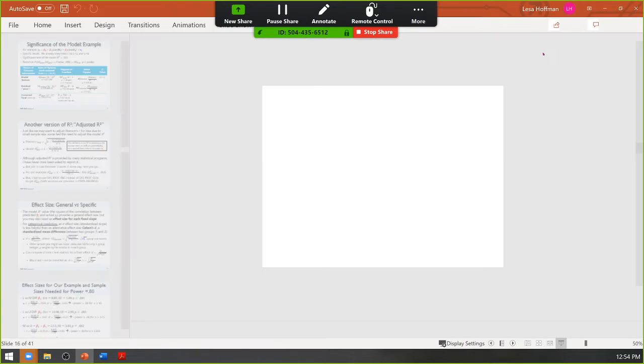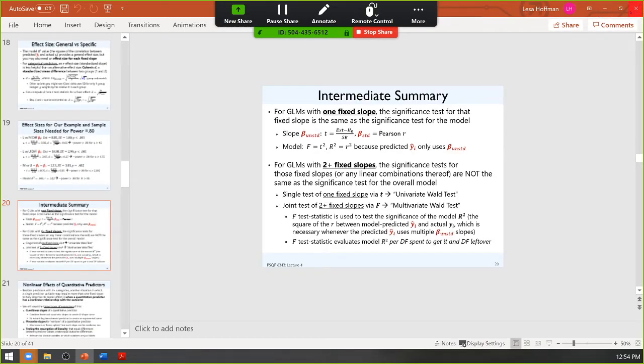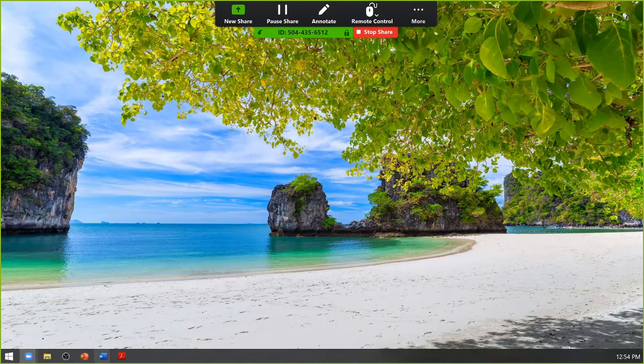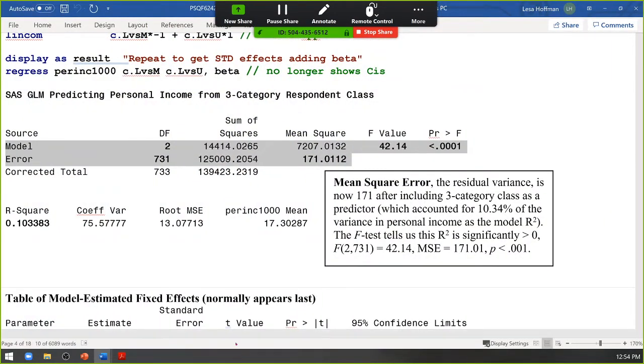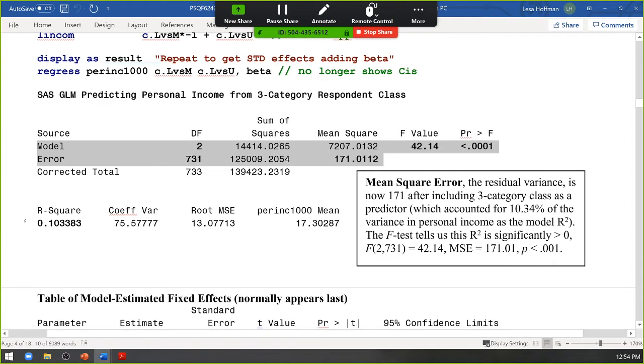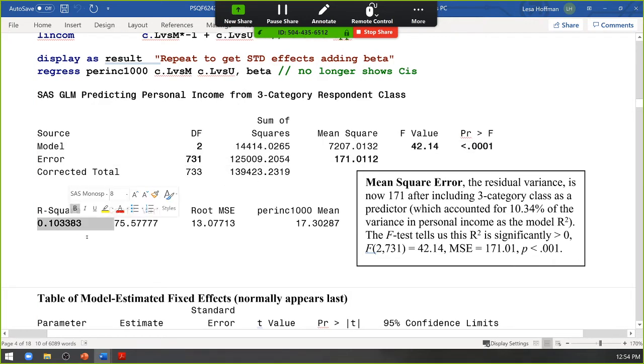So let me exit out of this for just a second and go back to the example. R square is in Stata, it's part of the same table, and in SAS, it's right here. R square is a very important number. You can think about it in one of two ways.